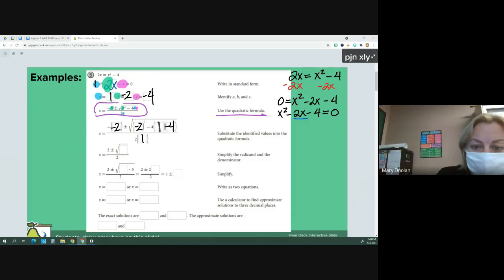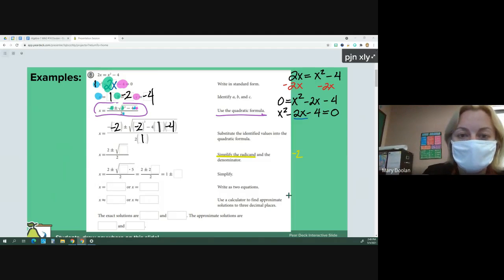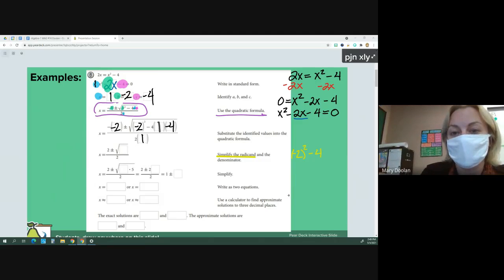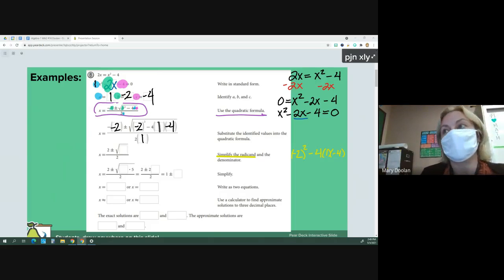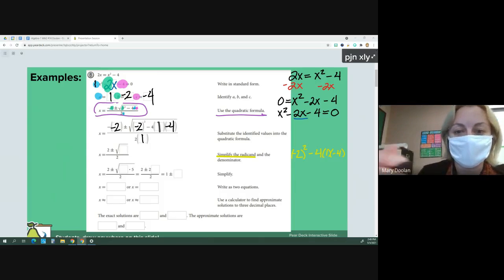So to simplify the radicand, which is also called the discriminant, that's just this right here. -2 in parentheses squared minus 4 times 1 times -4. Okay, that's the discriminant. Discriminant is what we call what is under the radical sign. That is also called the radicand. It means the same thing, discriminant.